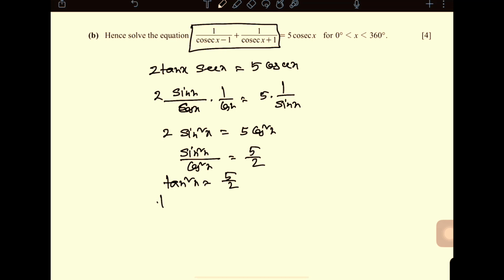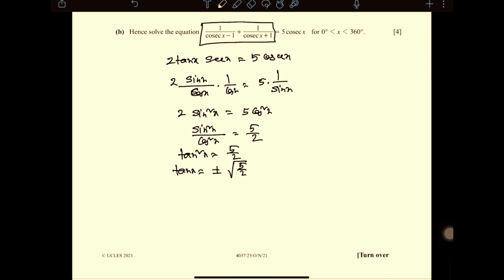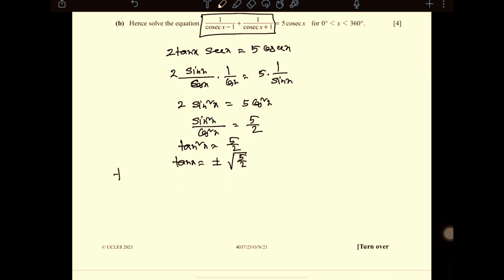Finally, tan x equals plus or minus root over 5 by 2. Now there are two values of tan x. Tan x equals root over 5 by 2. Another one is tan x equals minus root over 5 by 2.